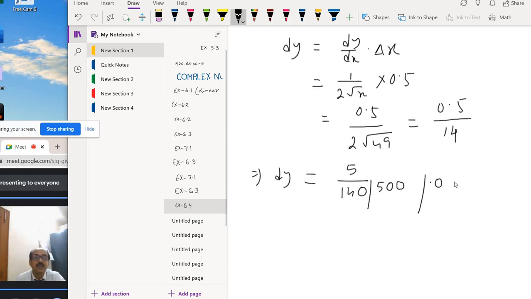Now 4 into 14, 56. It will go by 3. 420. 500 minus 420, that is 80. Take 0, then 800. 5 into 14 is 70, so 700.